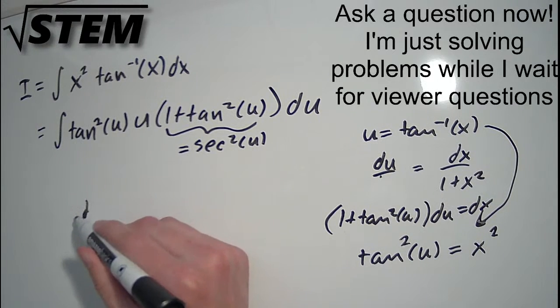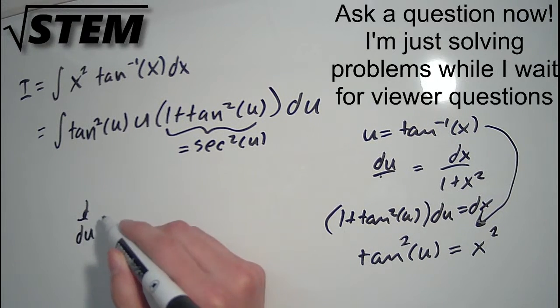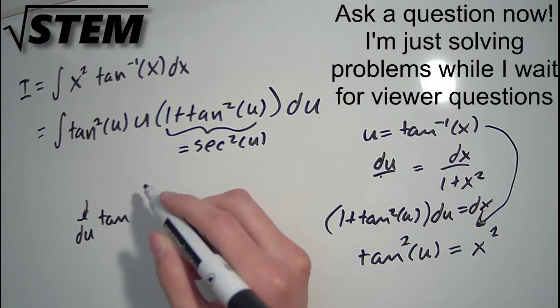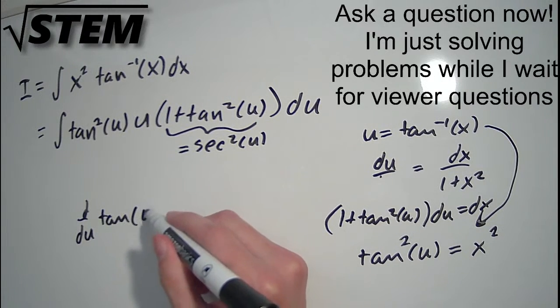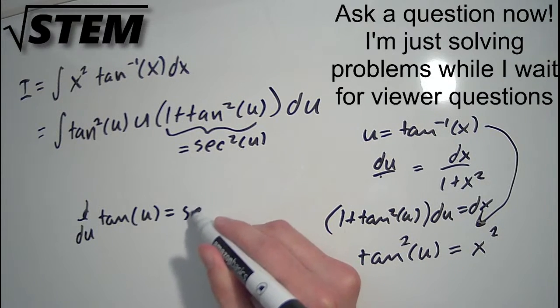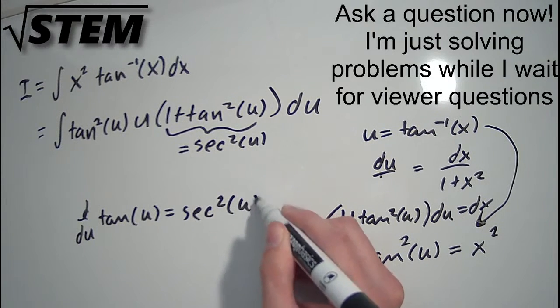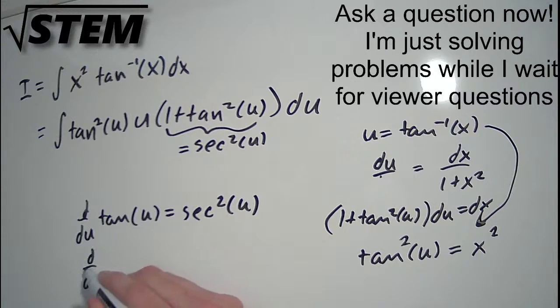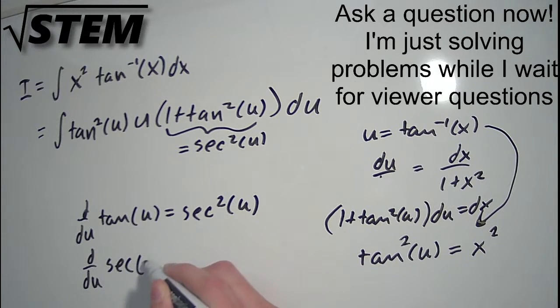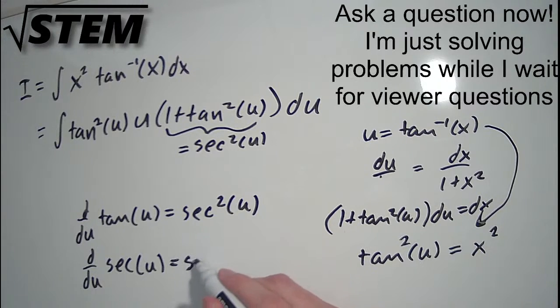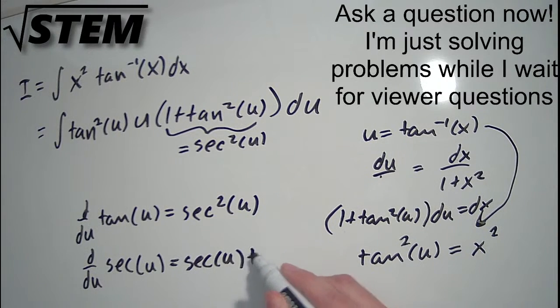I know the derivative of tangent is secant squared, and the derivative of secant is secant tangent. I'm almost thinking we do another u sub here.